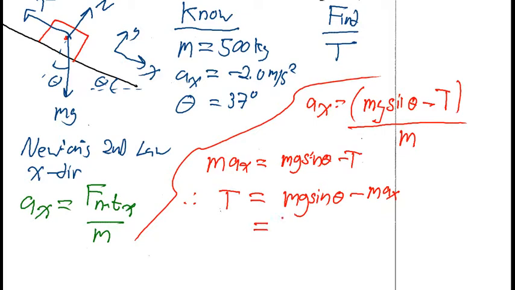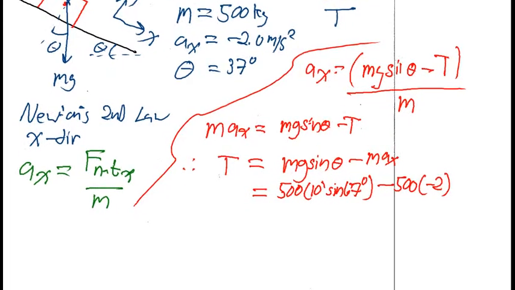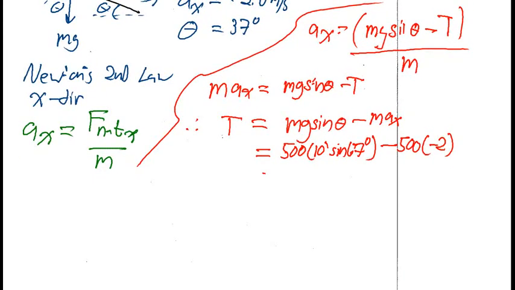So we'll have 500 times 10 times the sine of 37 degrees minus 500 times -2, because we found out that the acceleration was up the hill in the coordinate system we picked, so that was a negative number.